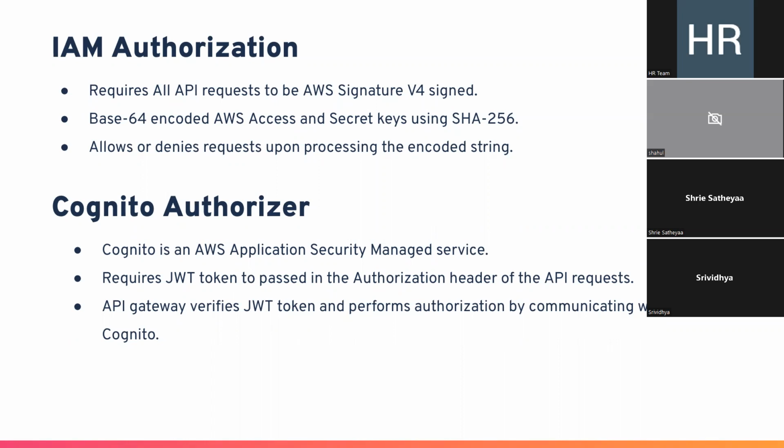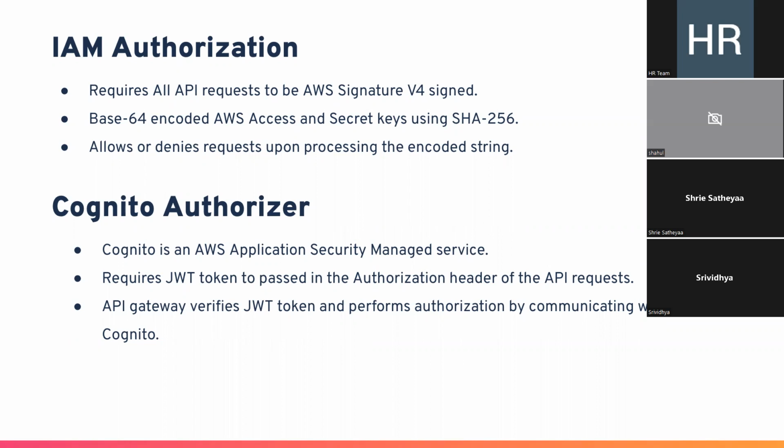The next one is the Cognito authorizer. Cognito is an AWS application security managed service, which allows the user to sign in, sign out, and change their password. It is basically a user management service provided by AWS. Whenever the user logs into Cognito, it gives a JWT token.